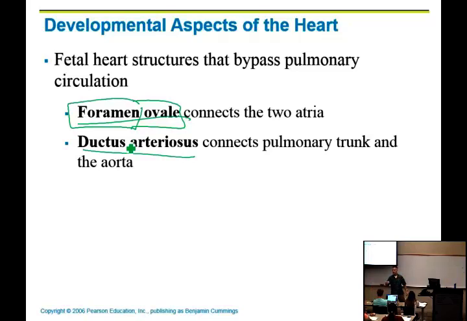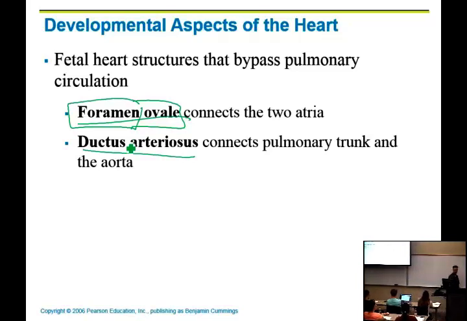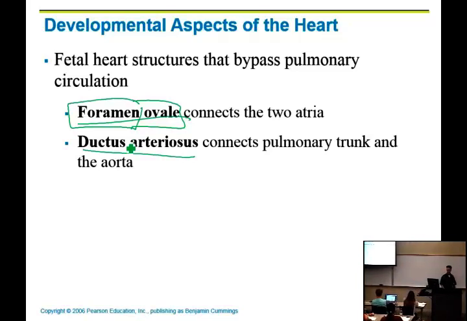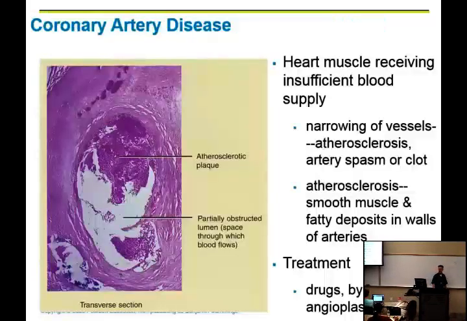We already did our oxygen exchange. Let's shortcut it, send it over to the left side so we can send it out to the body faster. So the foramen ovale allows that connection to occur between the 2 atria. Ductus arteriosus is another shortcut between the pulmonary trunk and the aorta. Again, rather than going all the way to the lungs and back, let's just shortcut it right into the systemic circuit instead. Okay?